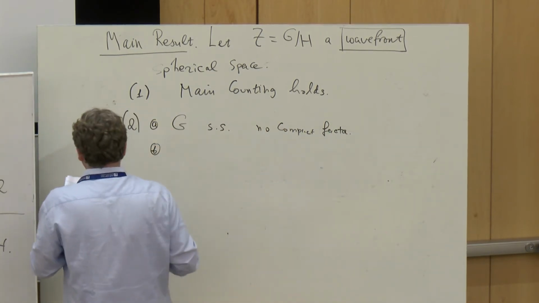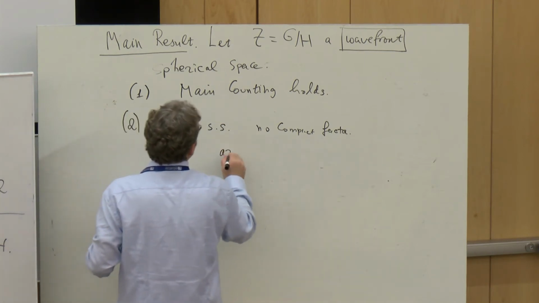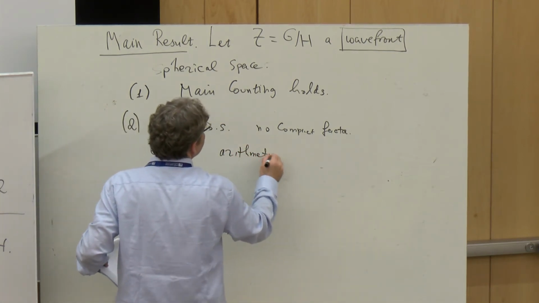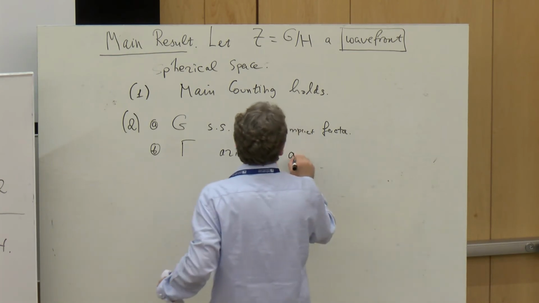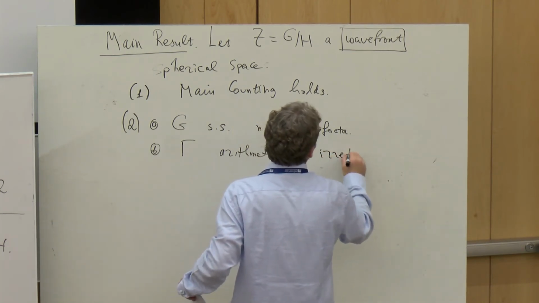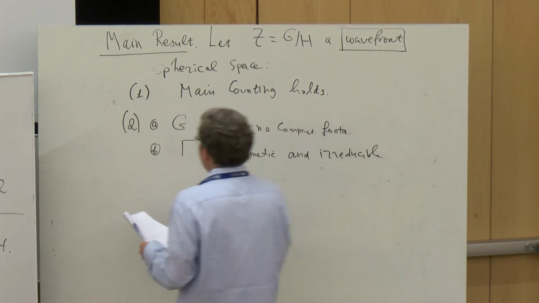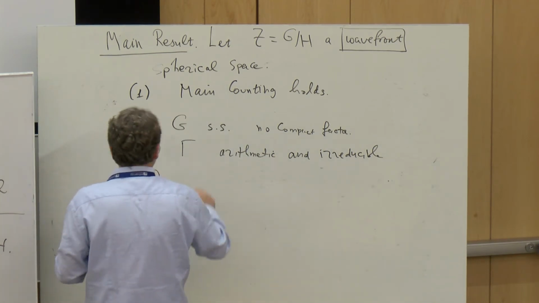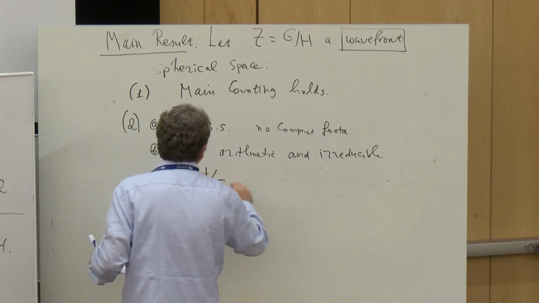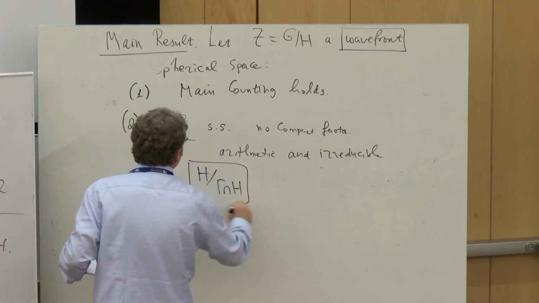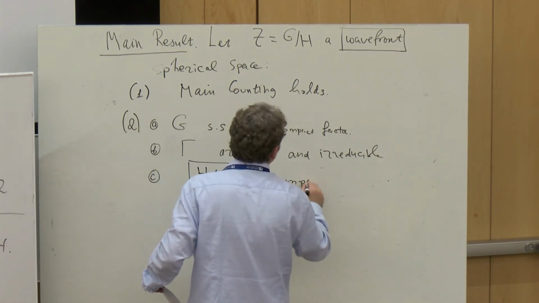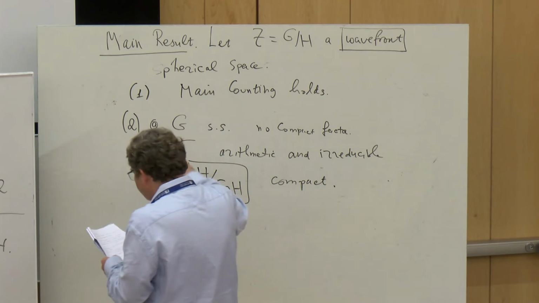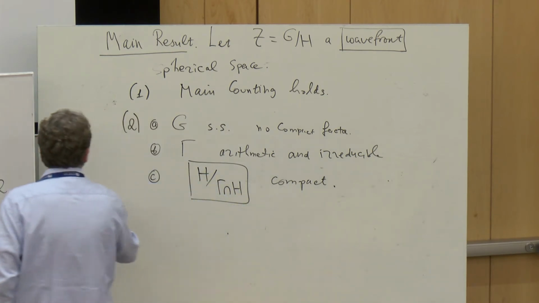Gamma should be arithmetic, which I think we can probably eliminate, and irreducible. And finally, at the moment our main burden, this has to be compact. This is probably also possible to eliminate.